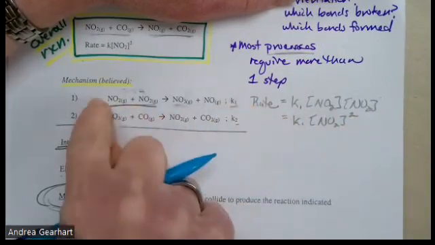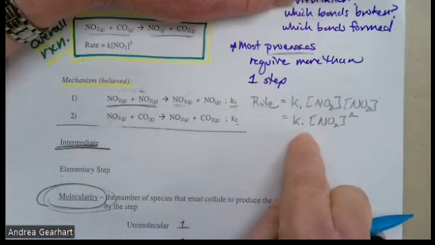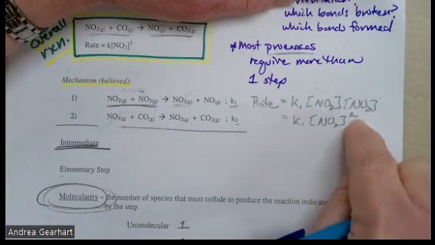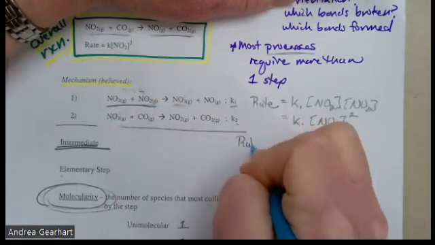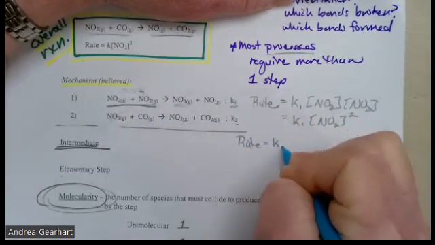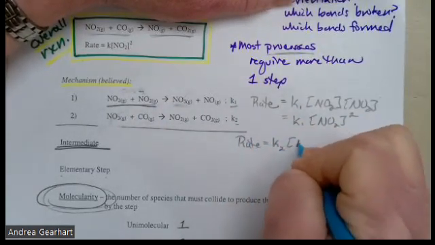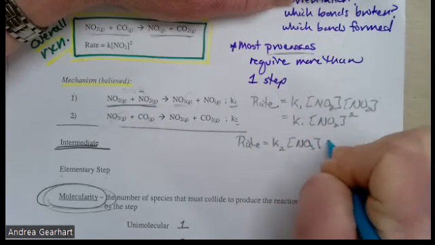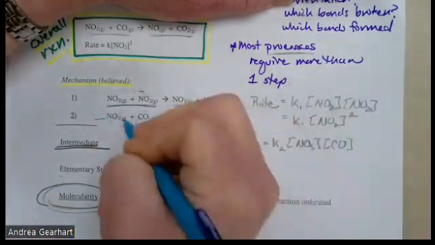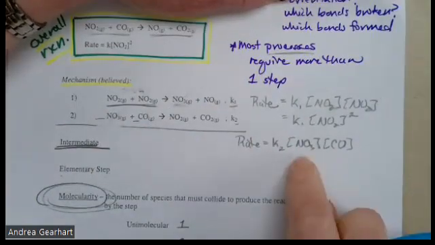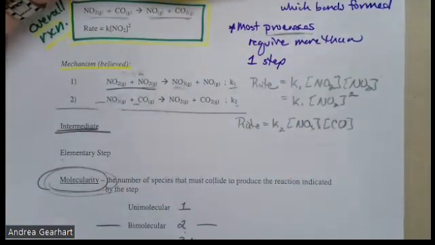So per this first elementary step, the rate law shows NO2 to be second order. The rate law of the second elementary step would be K2, NO3 to the first, because the coefficient is 1, CO to the first, or first order in both of those.